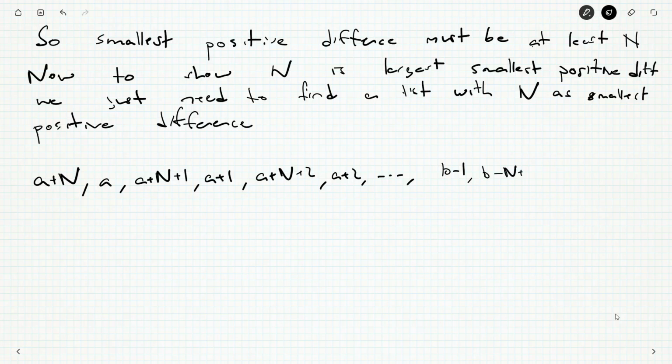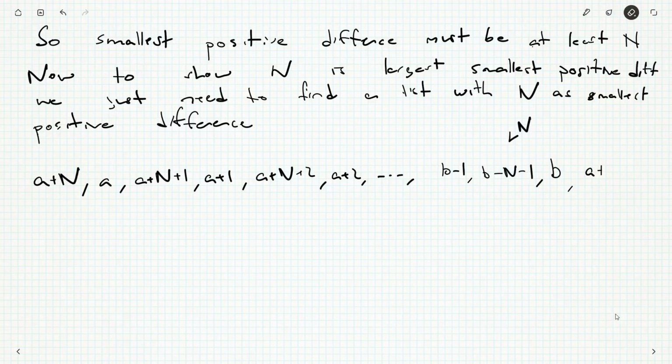So b minus n plus minus 1. And that will still be less than n. So we're still fine.